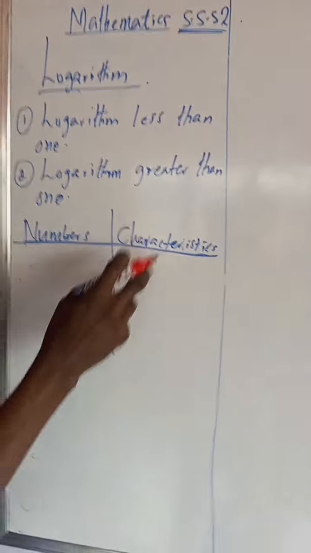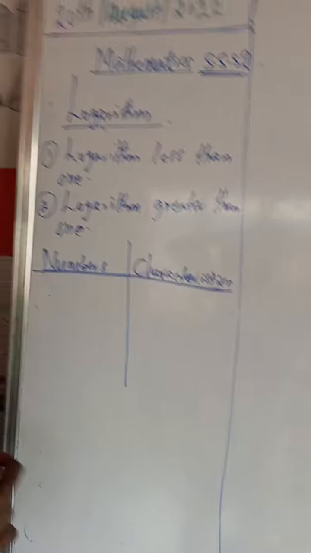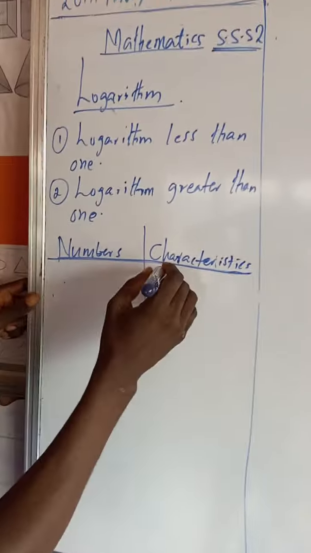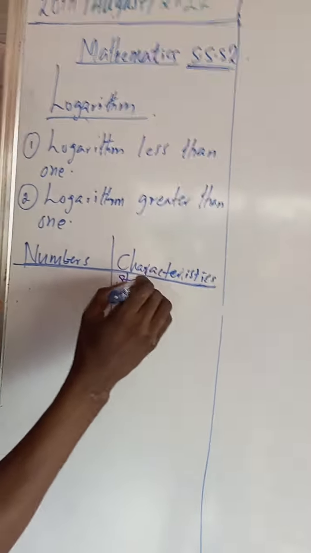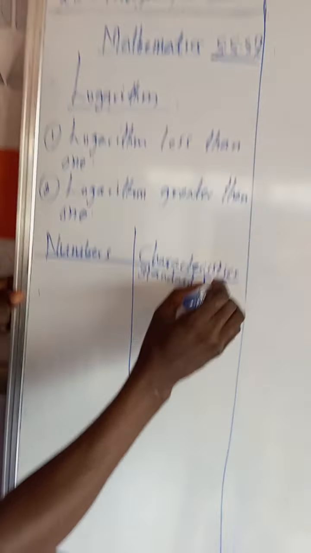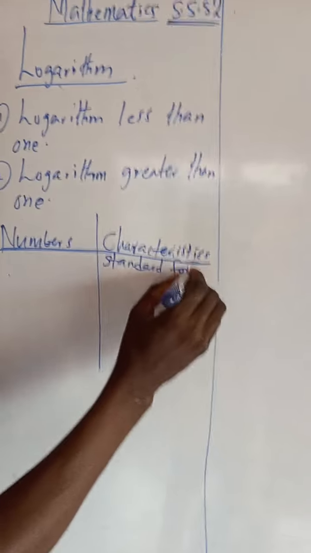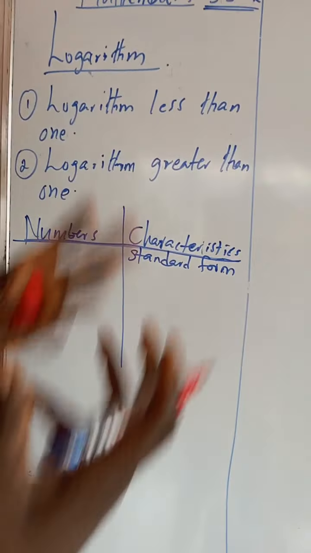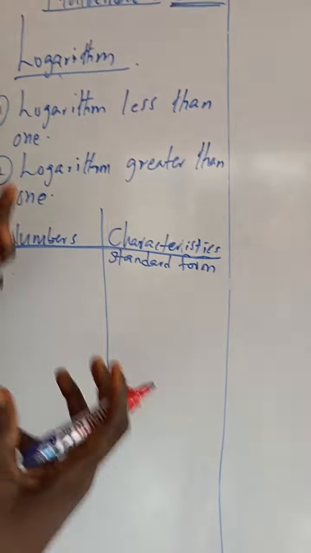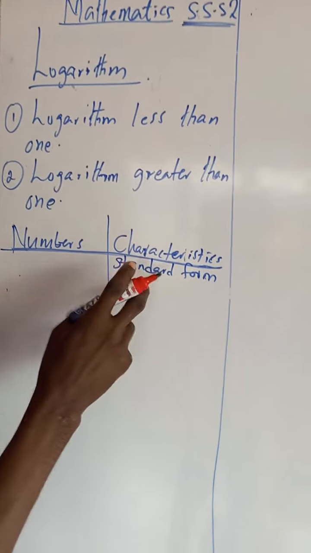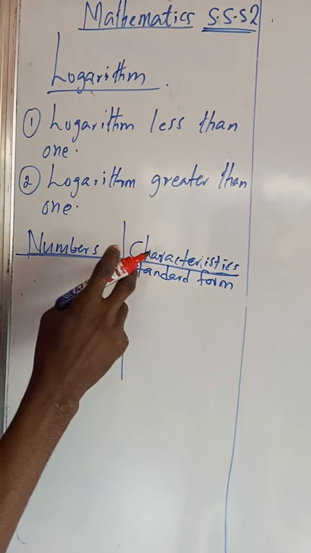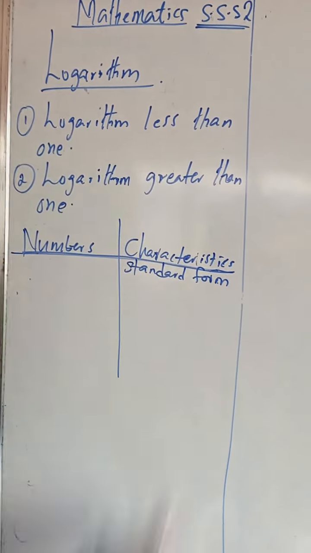What do we do in this characteristic? Majorly, it is to put the number in standard form. You see that mathematics is a chain. If you look at JSS2, the first topic we treated was standard form.